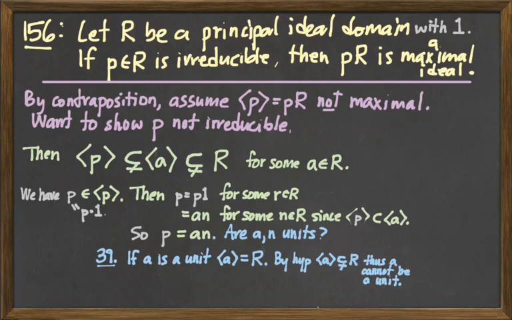What would happen if N were a unit? Then the ideal generated by N wouldn't be... the ideal P would be an element. But that still doesn't necessarily mean anything.